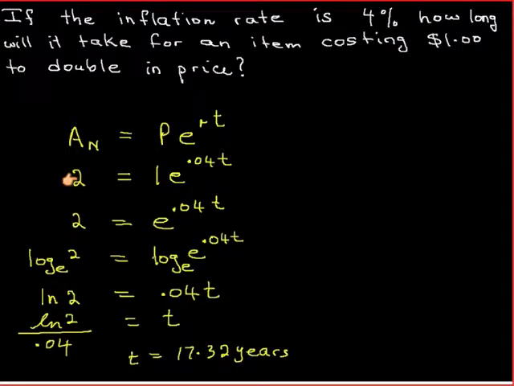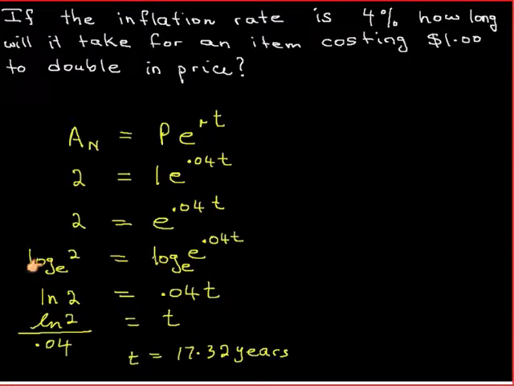So to double $1, you'll have $2 now, is equal to the original price, e to the power rate times t, and we don't know t, and that's what we need to find out. So dividing both sides by 1, you get 2 is equal to e to the power 0.04t.